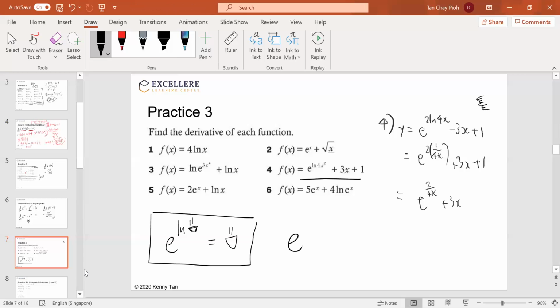So when you have e^(ln 4x squared), it equals 4x squared.